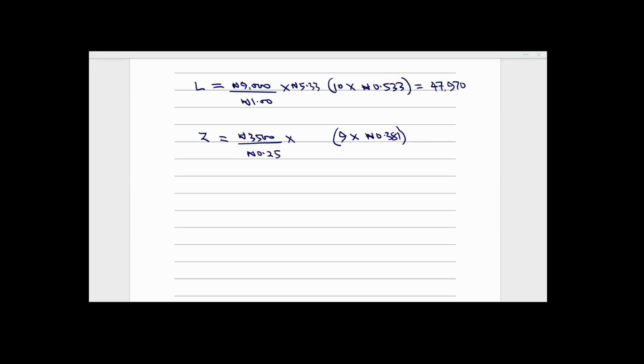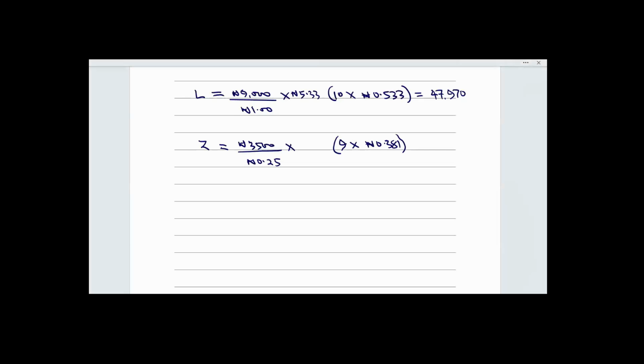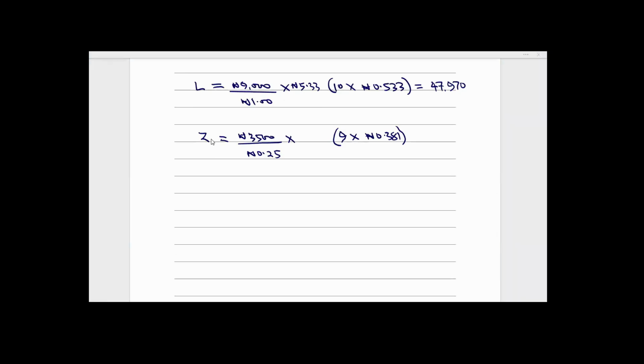Let me look at my calculator just to confirm. Yes, 9 multiplied by 0.381 is 3.43, to 2 decimal places.